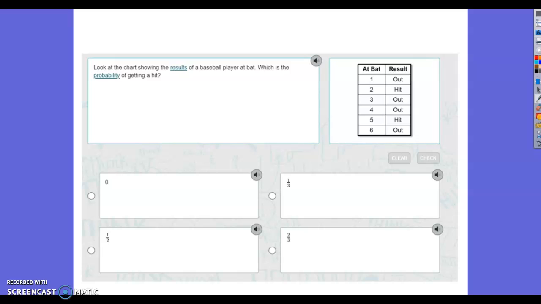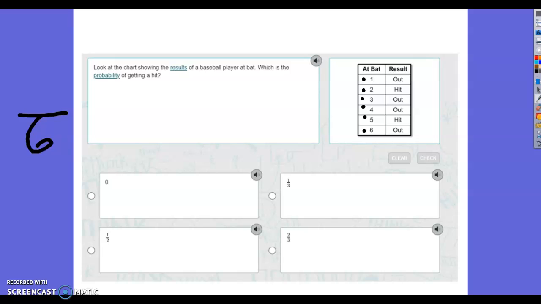Okay, so let's figure out, first of all, how many possible outcomes were there? Think about it. You're absolutely correct. There were 6. That's 1, 2, 3, 4, 5, 6 different possibilities. So 6 possible outcomes. Now, of those 6 possible outcomes, how many times did that person actually get a hit?